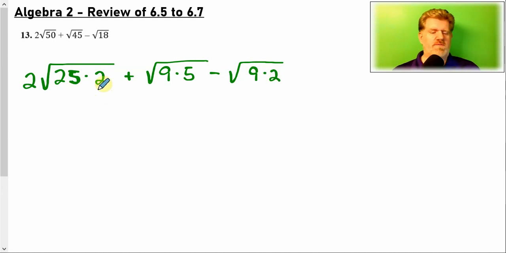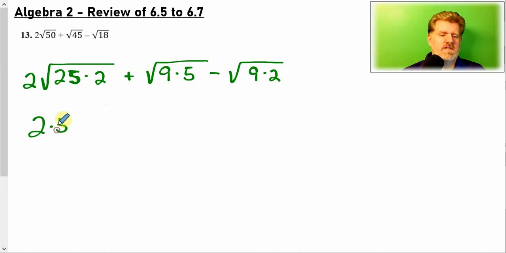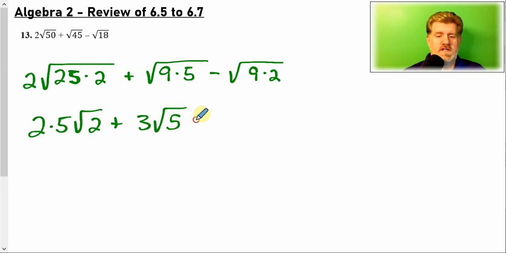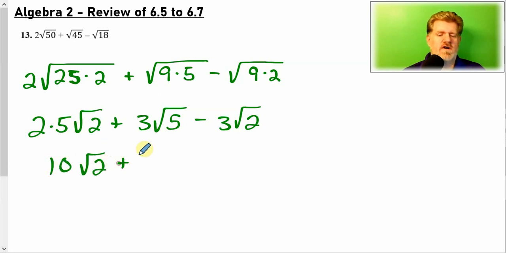So I broke them up into perfect squares. All right, what's the square root of 25? It's a 5, so a 5 comes out. Square root of 9 is 3. 5 stays in, square root of 9 is 3. 2 stays in. What's 2 times 5? Is 10. Almost done.